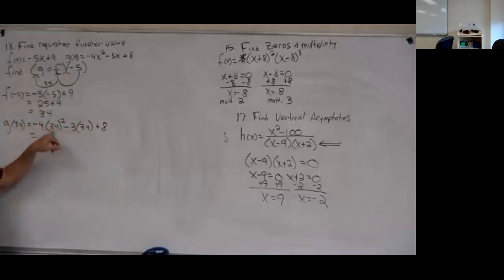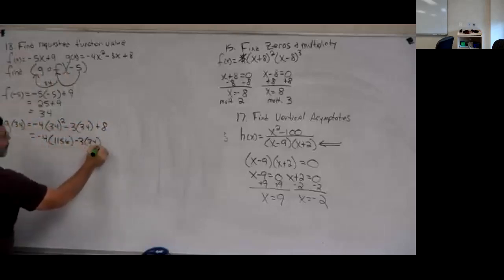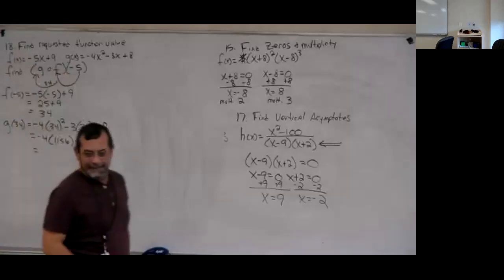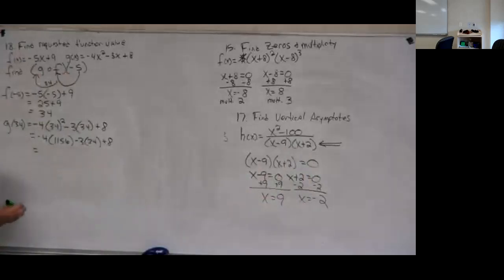And what is 34 times 34? 1156. So I got negative 4 times 1156 minus 3 times 34 plus 8. Well, I guess it is going to be this. Looks like we end up with negative 4718, huh? All right, so all this gave me a final answer of negative 4,718.